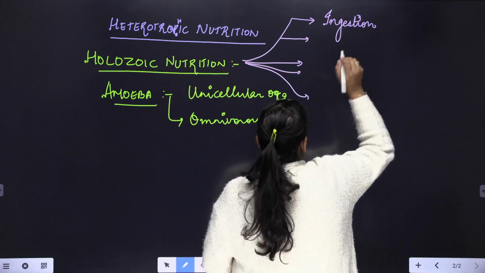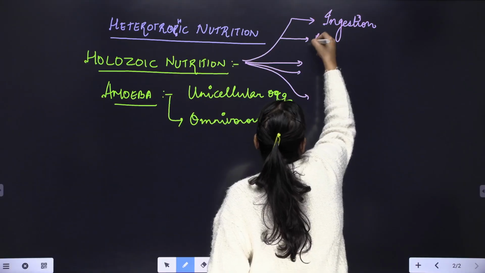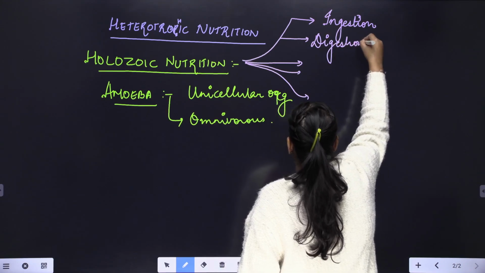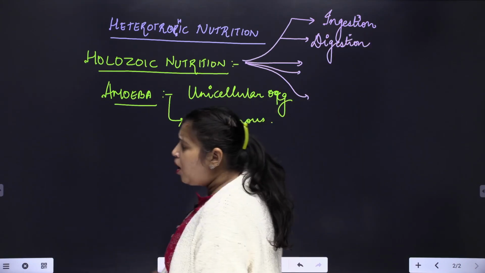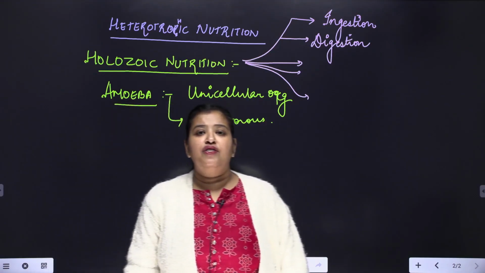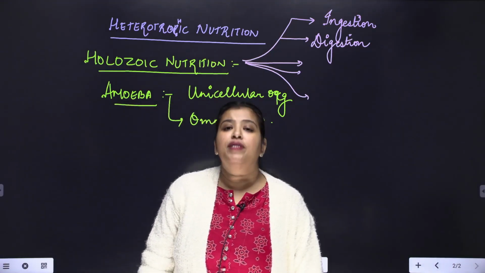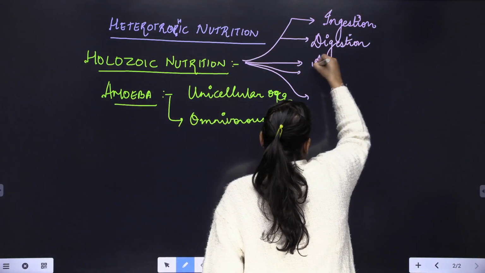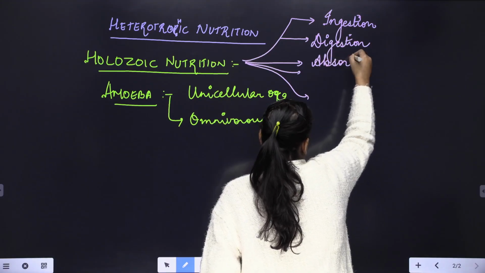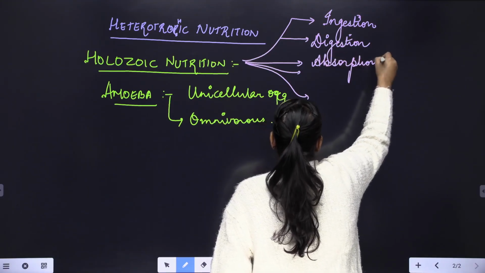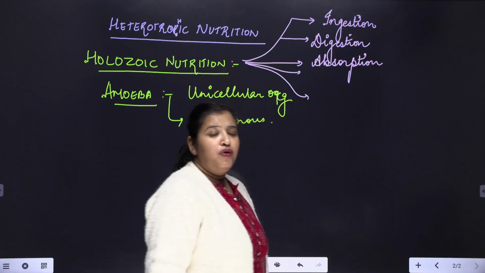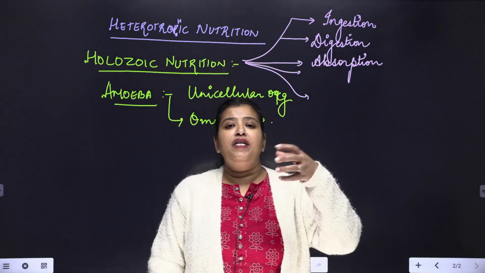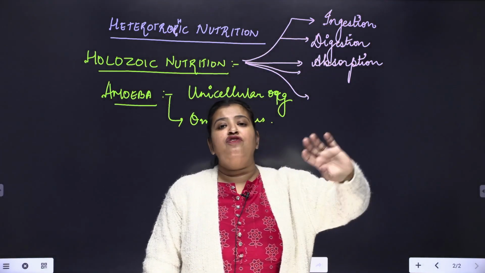Then second being digestion, the process in which complex food that the organism has consumed is converted into simpler forms, right? The third step is absorption. Absorption means the nutrients that have been obtained in simpler forms will now be needed to be absorbed and they are transported.